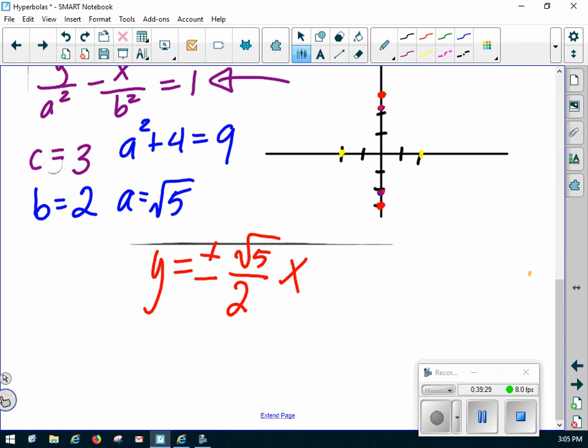I'm going to draw a rectangle, and I'm going to make the rectangle this wide and this tall. So I'm going to go like this. You see where I made my rectangle? I used my A length and I used my B length. And I just drew a rectangle.